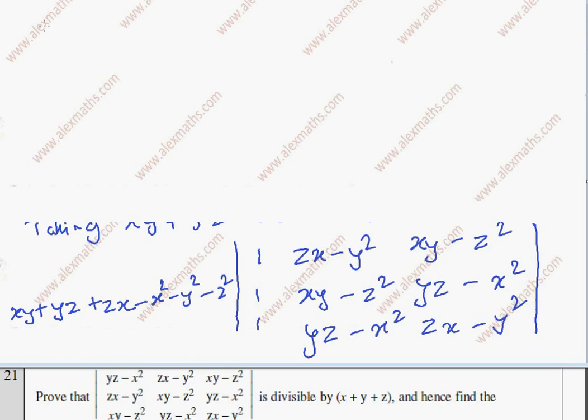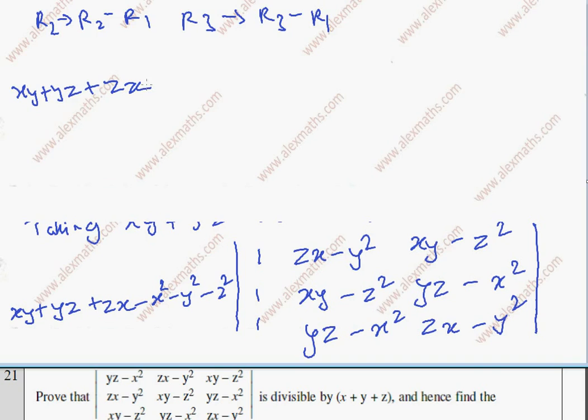After this, we can do R2 gives R2 minus R1 and R3 gives R3 minus R1. So the outside element xy plus yz plus zx minus x square minus y square minus z square we will write as it is. Now R1 we are not doing anything, so we will write as it is.